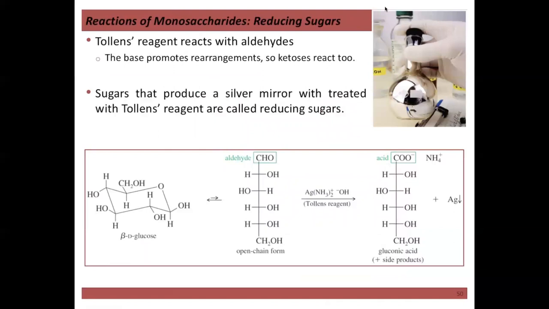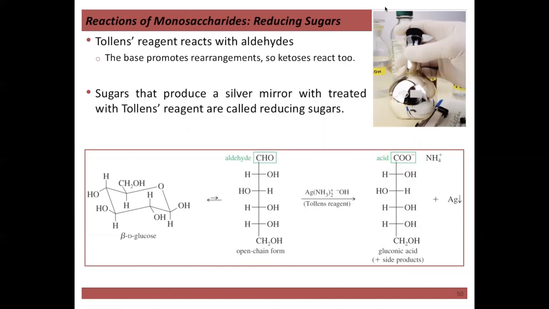So one of the interesting reactions is known as the Tollens test. So you can actually take beta glucose, and if you take the Tollens reagent, which is listed over here, it's actually a silver salt, dissolved silver. What happens is the aldehyde gets oxidized. So therefore, glucose is acting as a reducing sugar and getting oxidized in the process.